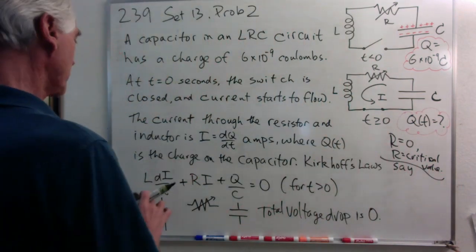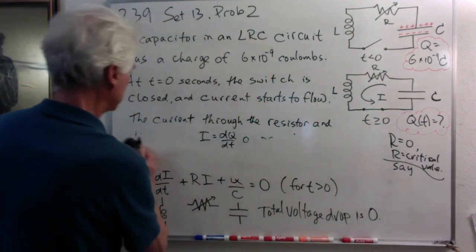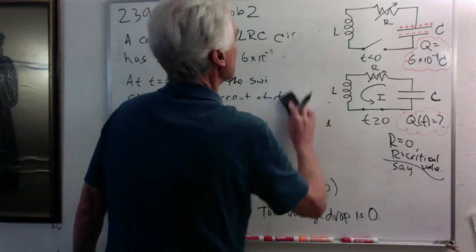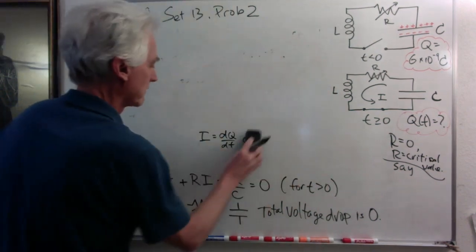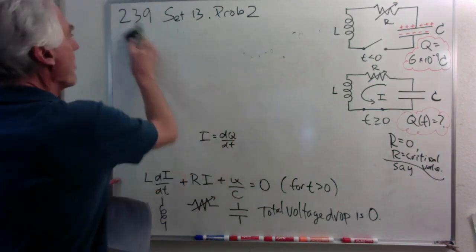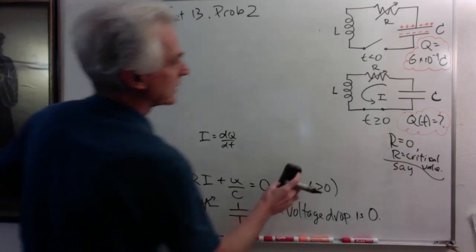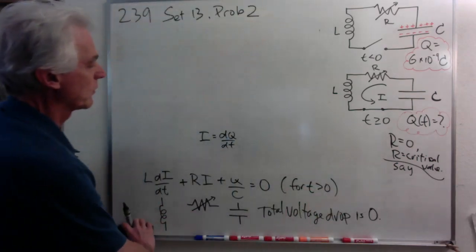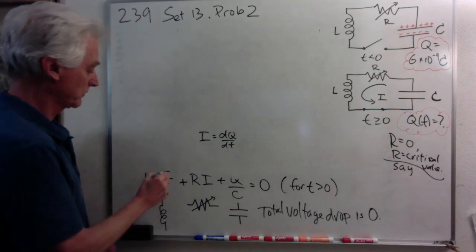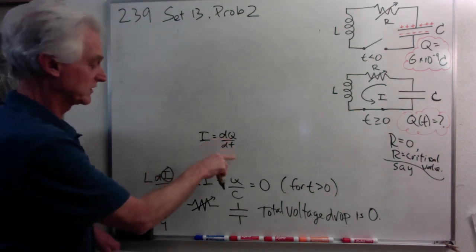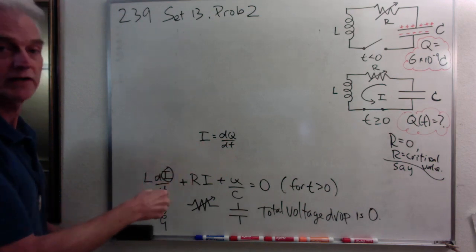Okay, so I'm going to erase a lot of this stuff. The only thing I really need from this is this. Okay. All right. So I can get a differential equation for Q by replacing I with dq/dt. So d/dt of dq/dt is d squared q/dt squared.